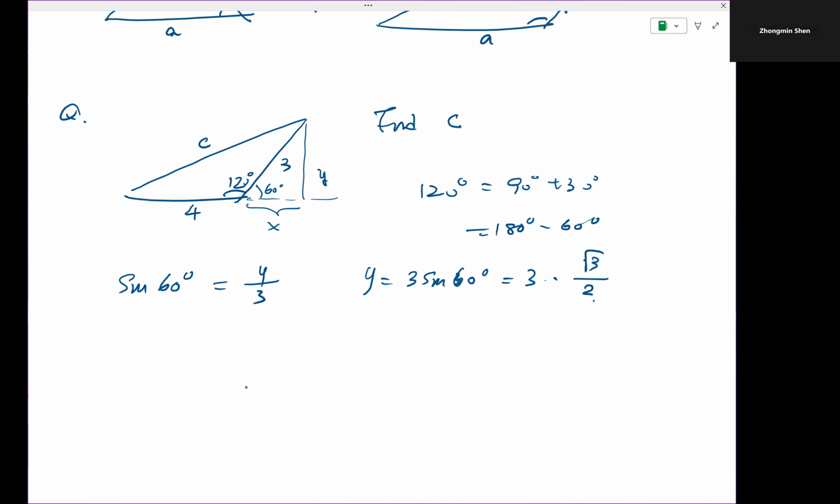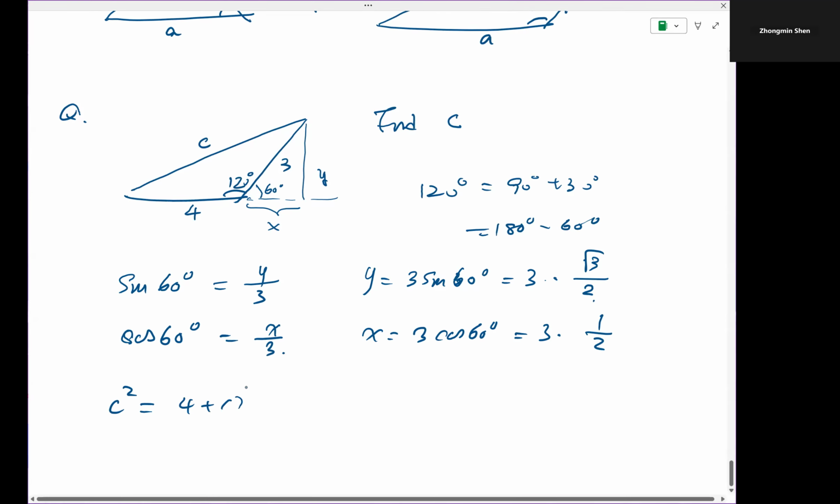That's the first thing, so you get Y. And for X, cosine 60 degrees is X over 3, so X is 3 cosine 60 degrees, which is 3 times 1 over 2. So you get X and Y. So C squared is going to be, 4 plus X squared plus Y squared.